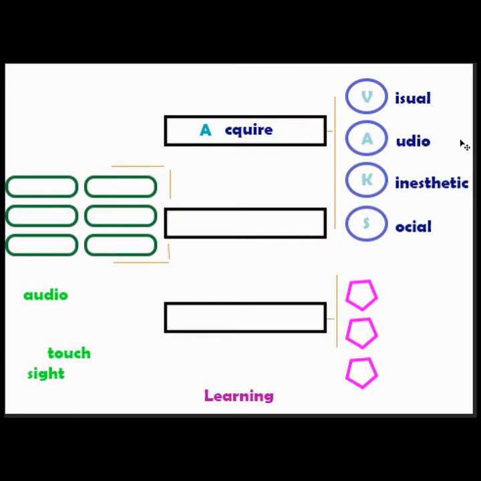Kinesthetic is your sense of touch, but it's also taking notes. So in an academic way, I will teach students sometimes, and they will take tons of notes. They might be kinesthetic, is how they acquire information. And it doesn't really make any sense to them.